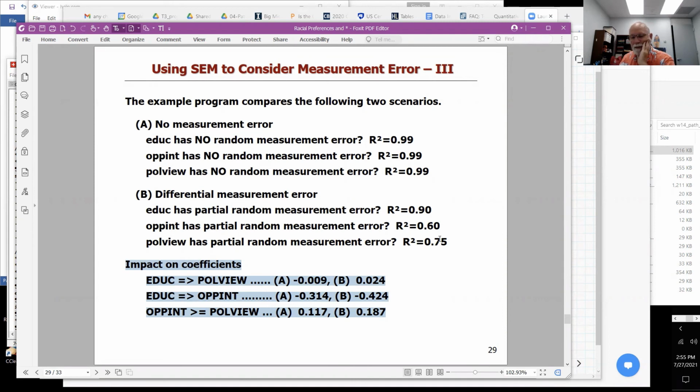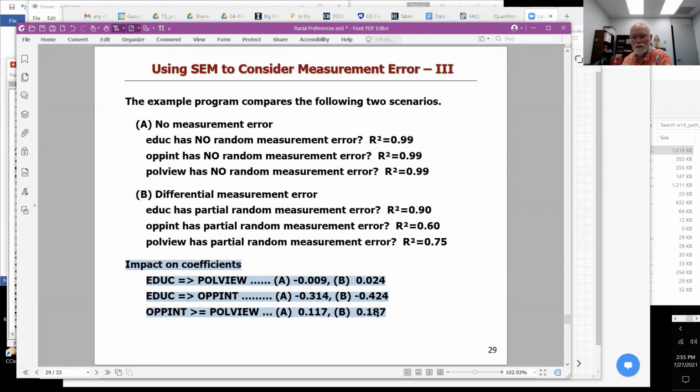If we plug in these values in the measurement model, some of the coefficients change. The effect of education on opposition to integration goes up. It's now a stronger negative effect. And the effect of opposition to integration on political view goes up. It becomes stronger. It's increased by about 2/3.